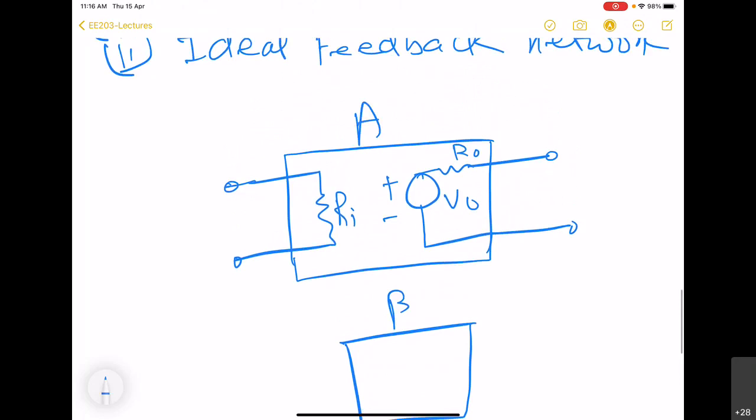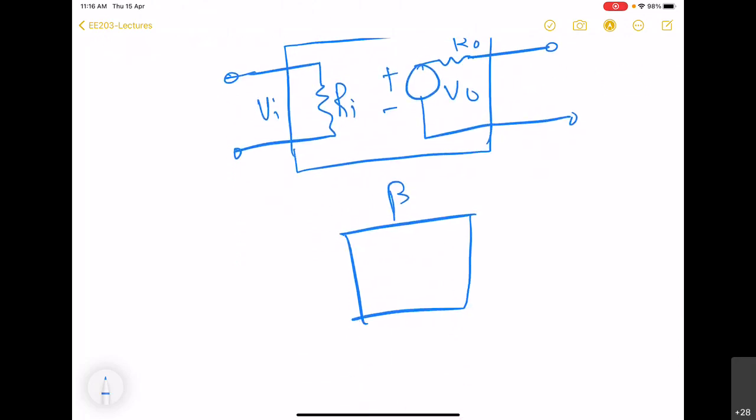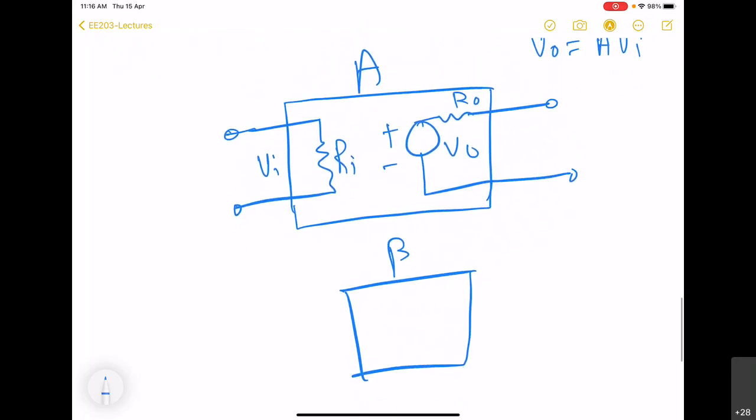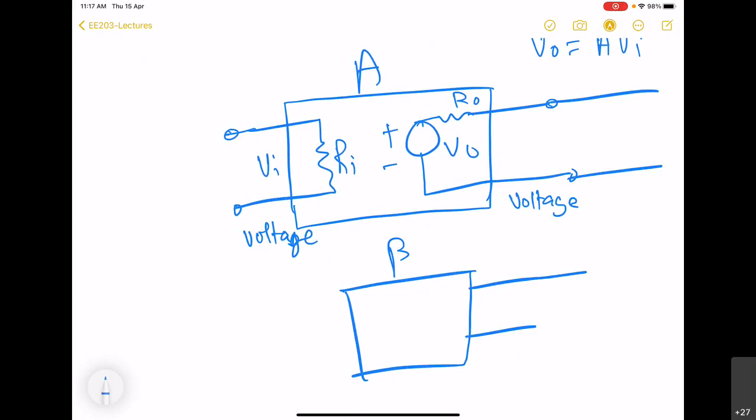This is A. So we know that VO is A into VI. Here we have voltage, here also we have voltage. So this feedback network is going to sense voltage at the output of the amplifier. So it should be connected in shunt.